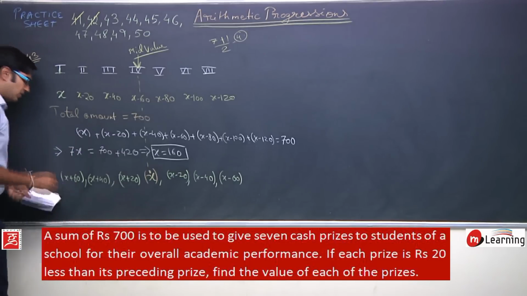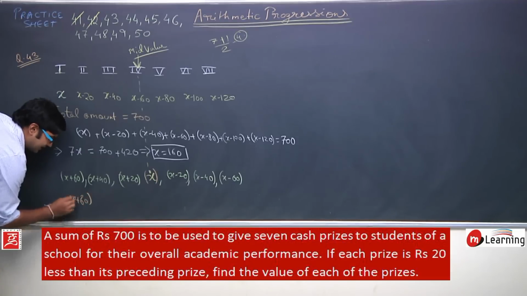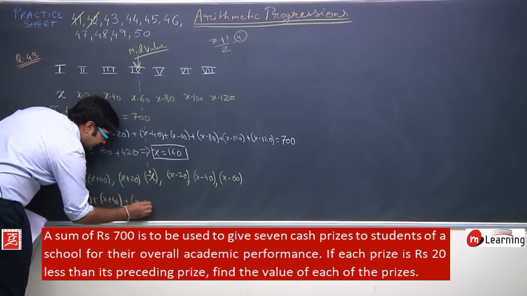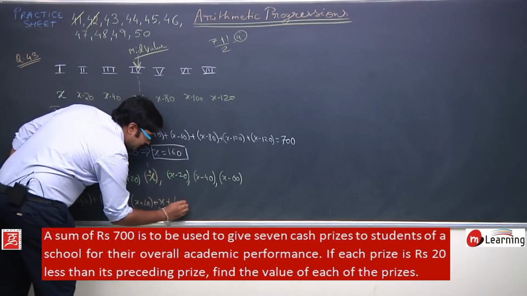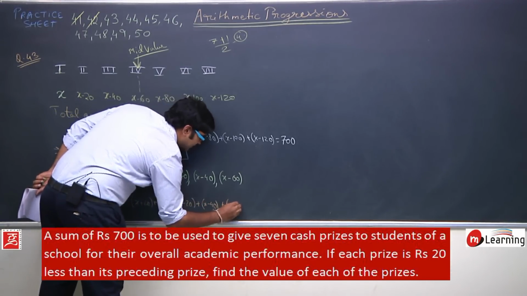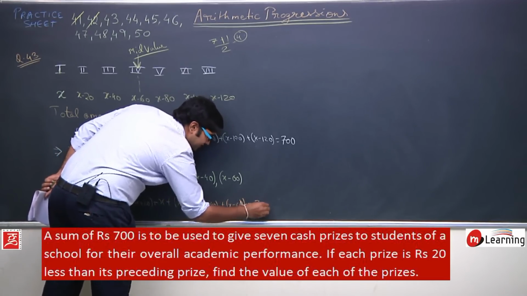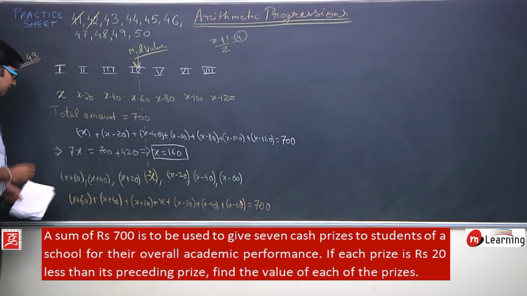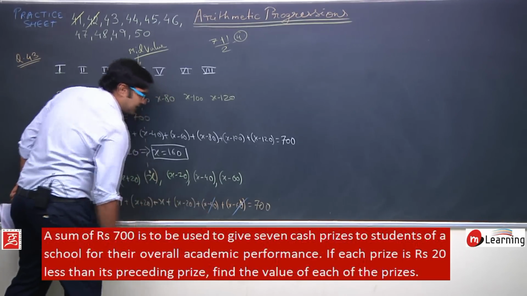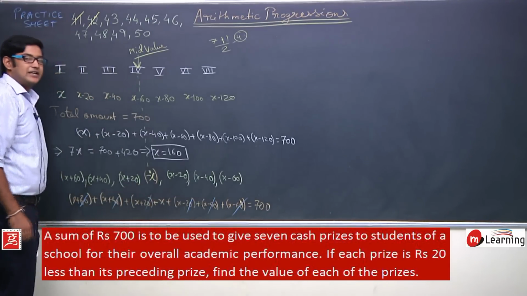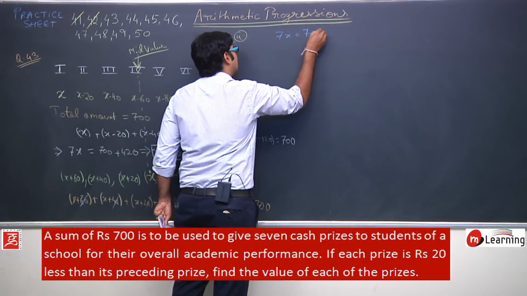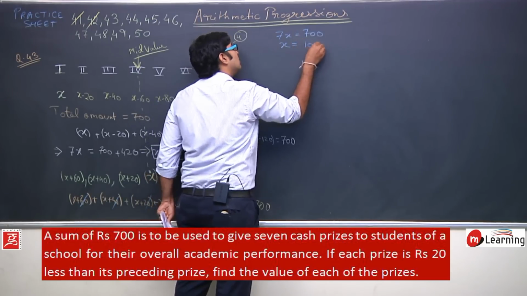The benefit is when you add all these values, that is X plus 60 plus X plus 40 plus X plus 20 plus X minus 20 plus X minus 40 plus X minus 60, and equate to 700, what you can observe is this plus 60 and minus 60 will get cancelled, this plus 40 and minus 40 will get cancelled, and this plus 20 and minus 20 will get cancelled, and ultimately you will be left with 7x equals 700, and so you will get x equals 100.